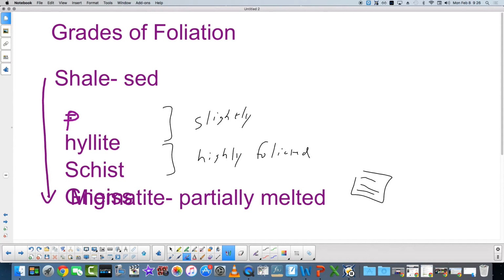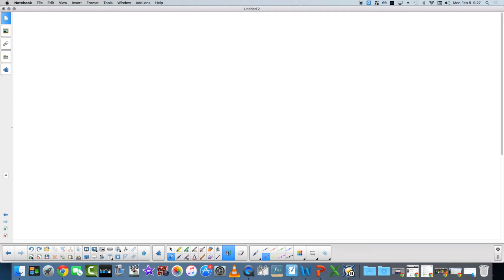So slate goes in there in between phyllite and schist and gneiss. Rewind, please, if you need to catch how to spell those, because the recognizing my handwriting thing is not going so well right now.